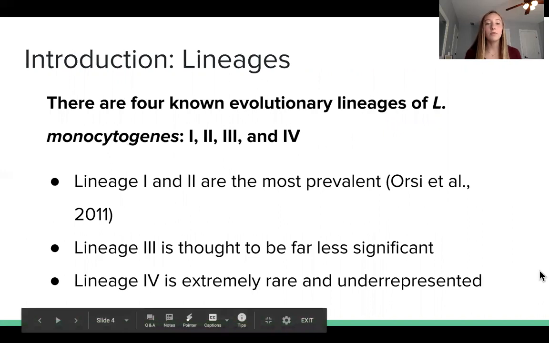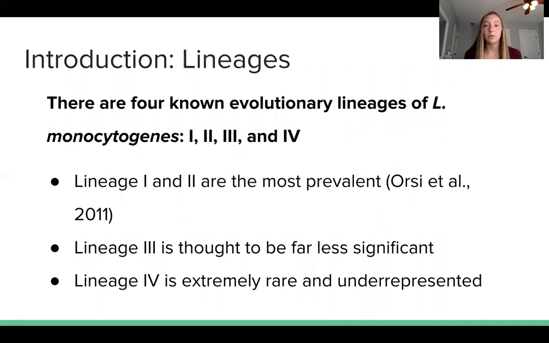There are also 4 known evolutionary lineages of Listeria: 1, 2, 3, and 4. Lineage 1 and 2 are considered to be the most significant and they're the most prevalent. Lineage 1 is typically found in human isolates, and lineage 2 is typically found in foodborne isolates. And a majority of the Listeria research is focused directly on those 2 lineages.